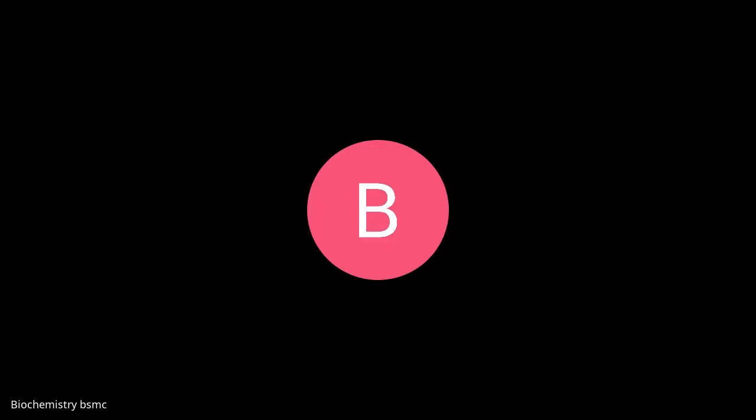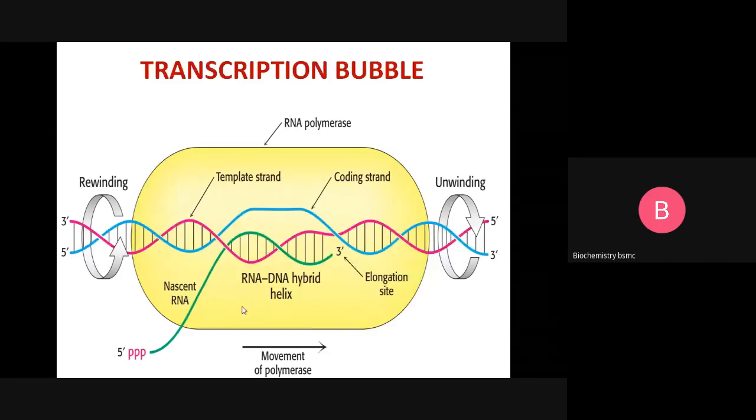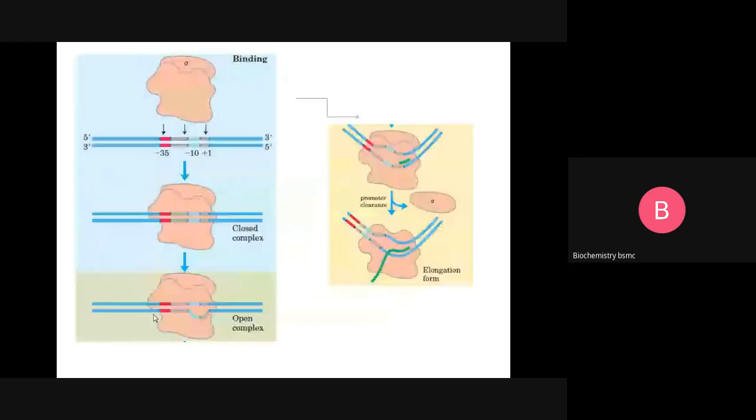As a result of which there may be a torsional pressure created, and that may lead to a negative supercoiling behind the 5' end of the transcribed region. To relieve that torsional stress, the DNA may undergo opposite supercoil, the negative supercoil.